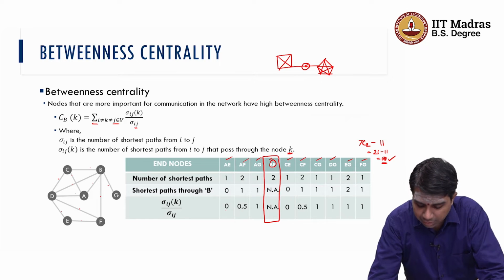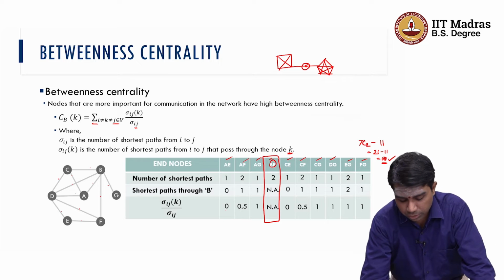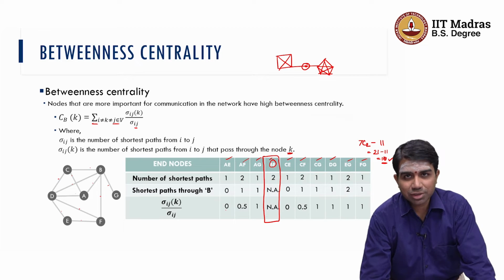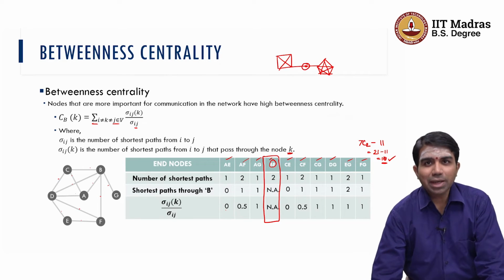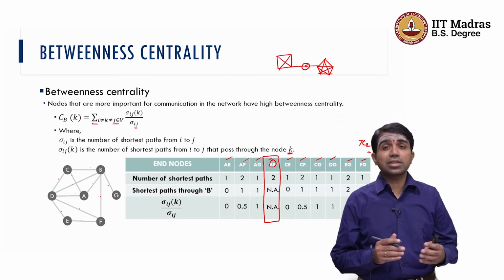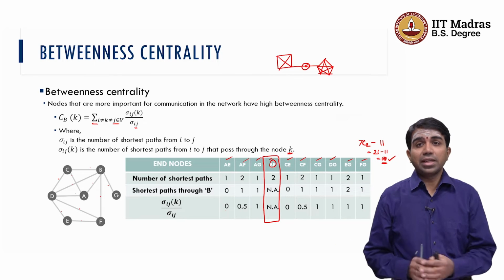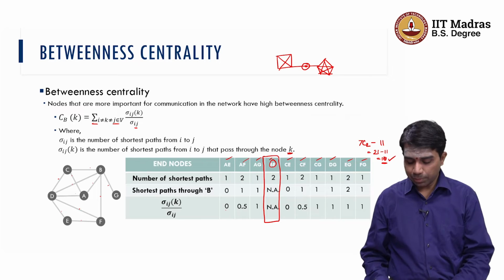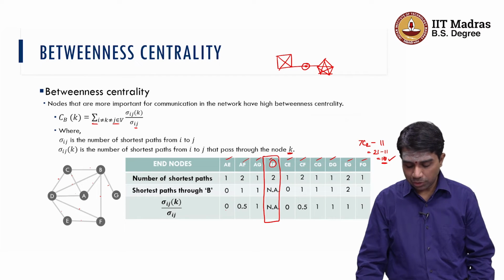And then we look at CE, which is going to be 0 by 1, so it's 0. CF, half the paths pass through, so it is half, and then all the remaining paths are only through B, there is no other way. So, the betweenness centrality is going to be an addition of all these fractions. So, it's sort of a complicated quantity in that you make so many fractions and then you add all of them up to compute the ultimate value of betweenness centrality.